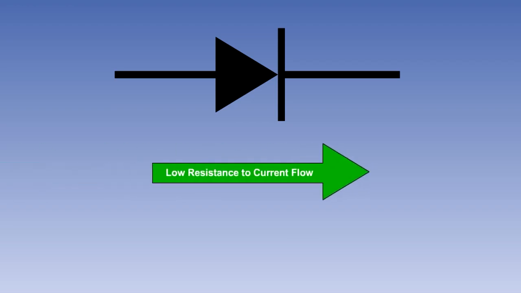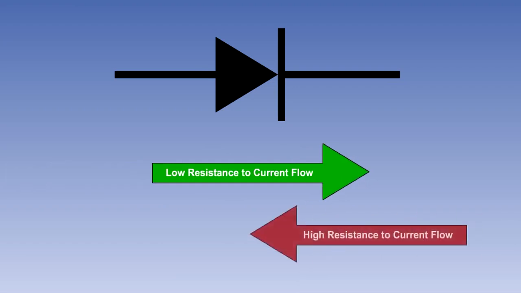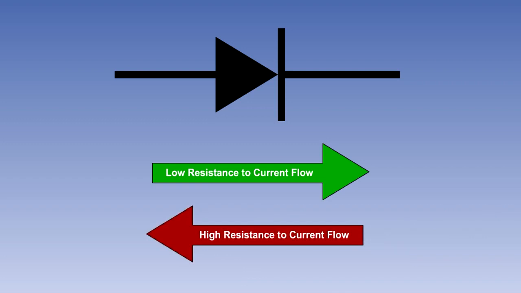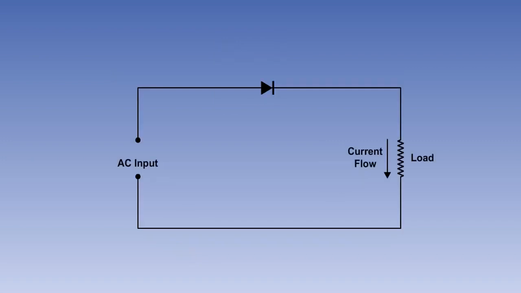It has a very low resistance to current flow in the direction of the arrowhead, and a very high resistance in the other. If a diode rectifier is placed in an AC circuit, it will allow current to flow through the load in one direction only.